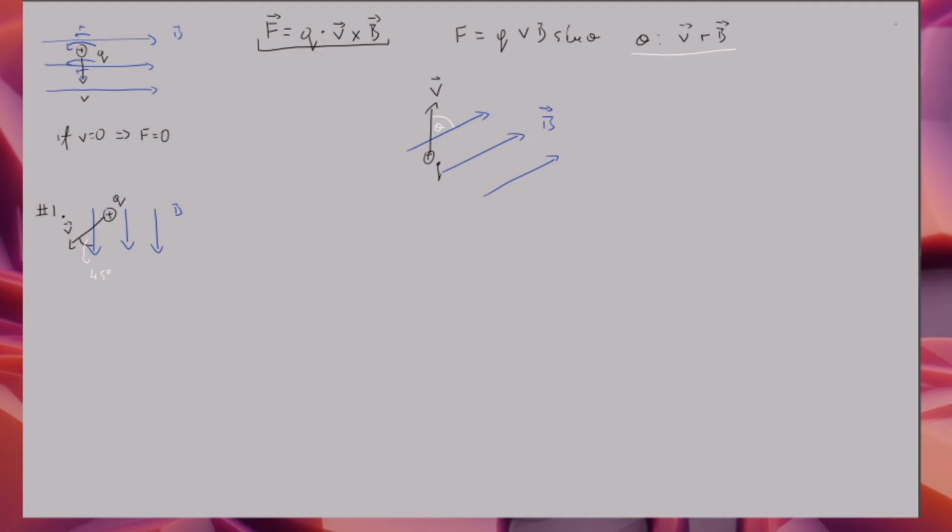And now let's add a couple more things to the picture. Let's say that the magnetic field is a strong magnetic field of 2 Teslas. Let's say that the charge is some small thing, say maybe 10 microcoulombs. And then the velocity itself, well, let's say we know the magnitude of the velocity, so that v equals 400 meters per second.